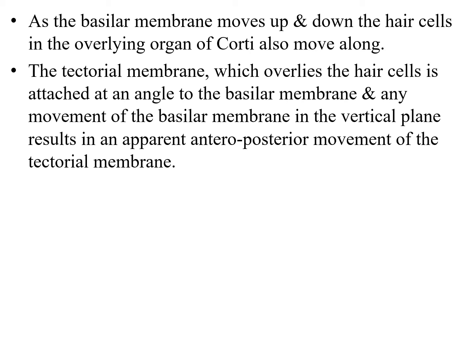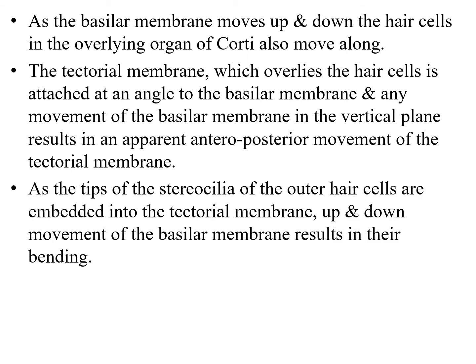So as the basilar membrane moves up or down, the tectorial membrane, because of its pivot-like attachment, does not move up and down, but moves back and front, back and front. So there is an antero-posterior movement of the tectorial membrane brought about by the up and down movement of the basilar membrane. What happens next?